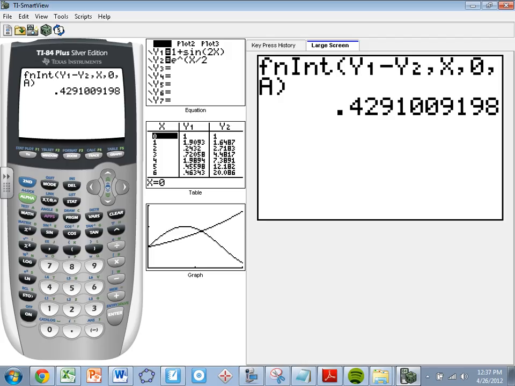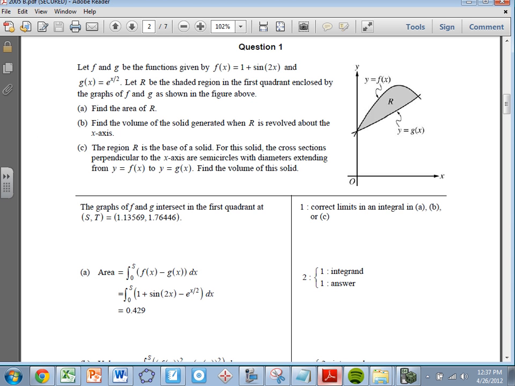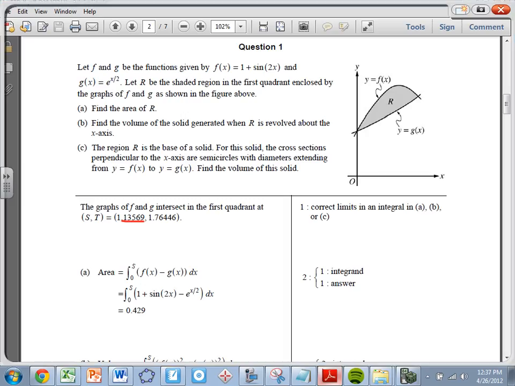You need to keep at least 6 decimal spots when you're storing. That's why when the exam writes it, they give you 5 decimal spots there. If you had rounded this to 1.14, which is what it does round to, it wouldn't be the same answer. You're going to end up getting a little bit of error. It might be like 0.430, something like that, which would be marked as incorrect, actually. Okay?